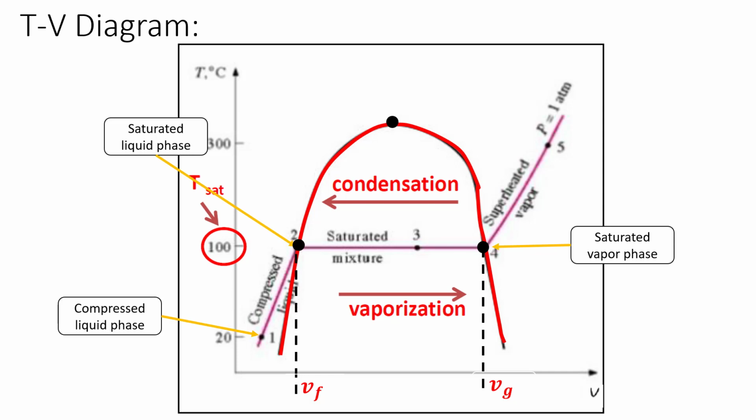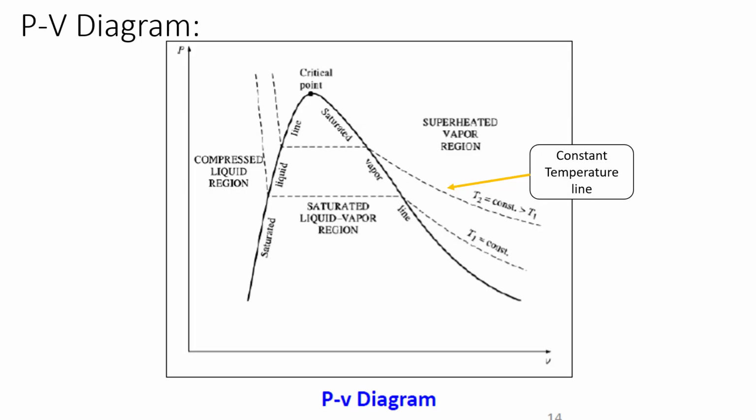Vf is the specific volume of saturated liquid, while Vg is the specific volume of saturated vapor. The PV diagram of pressure versus specific volume is the same as the TV diagram. The only difference is that it has constant temperature lines instead of constant pressure lines. The data of saturated temperature, saturated pressure, and specific volume for saturated liquid and saturated vapor can be found using the property table.